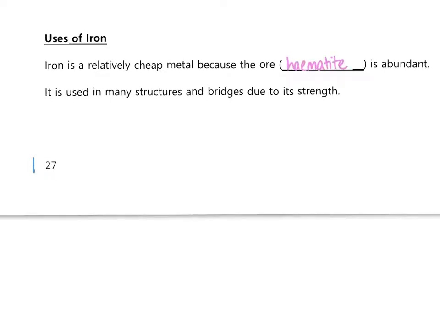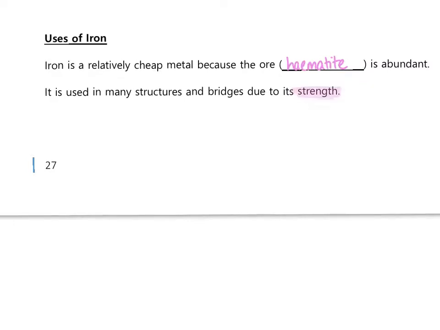Be careful of your spelling of that. It's HAEMATITE. So hematite is abundant. That means there's lots of it naturally, and so therefore it's a relatively cheap material, and it's used in structures including bridges and many other buildings due to its strength.